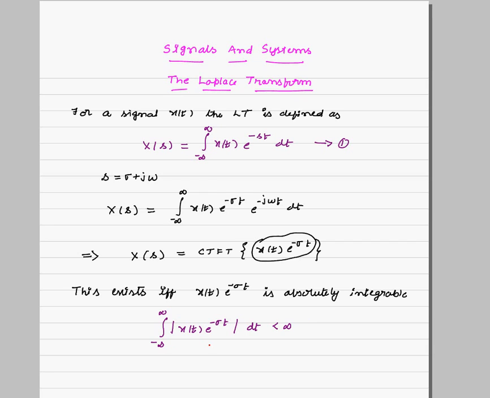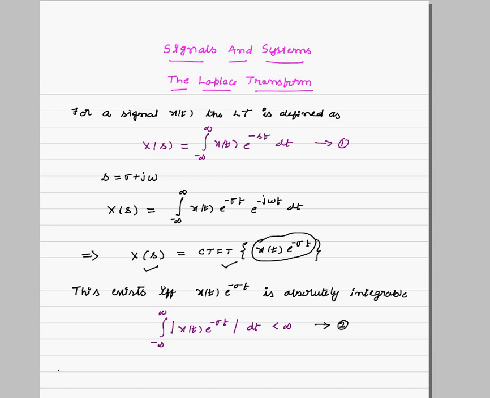Let me call this condition 2. If this condition is satisfied, this Fourier transform exists, which means X of s exists. So indirectly, the Laplace transform exists if and only if x of t e power minus sigma t is absolutely integrable.